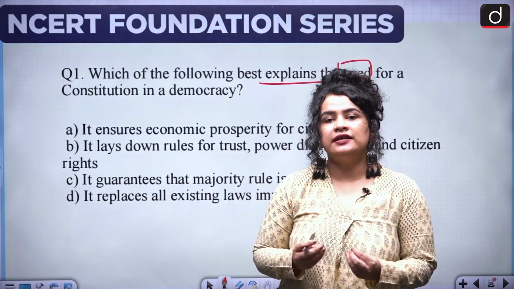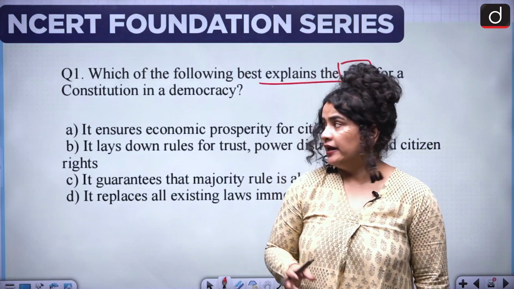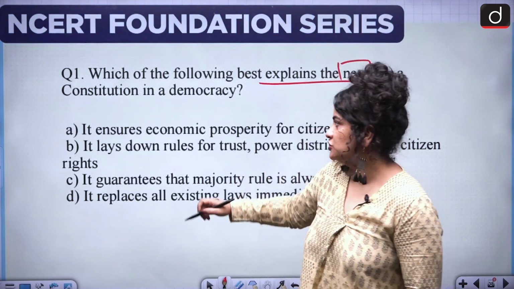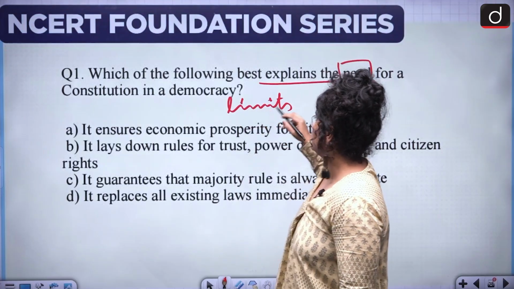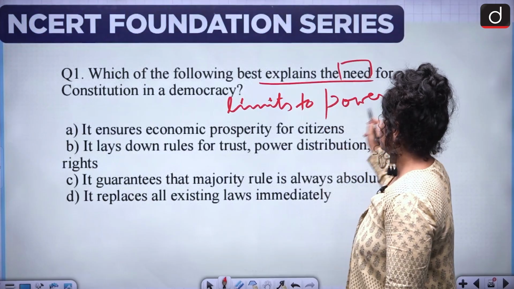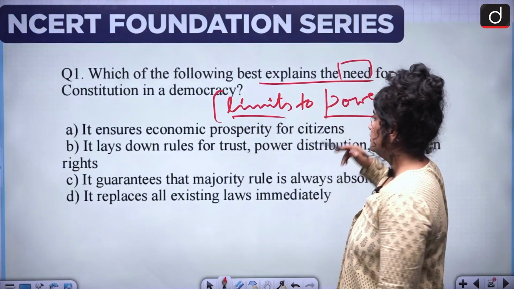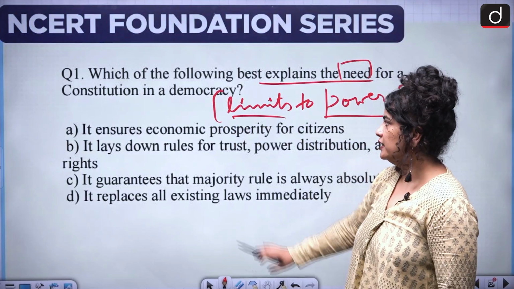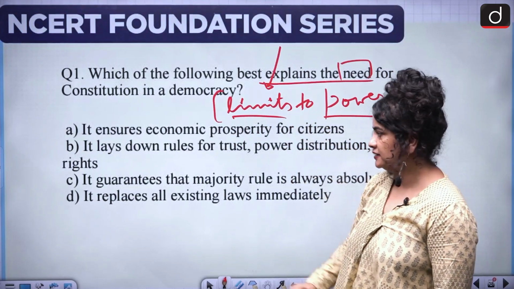So that we can keep the power of the ruling party in check, in order to provide limitations to the power of the ruling party, the ruling government. That is why we need a constitution. This is very, very fundamental.